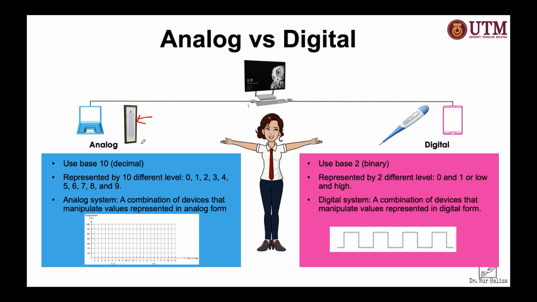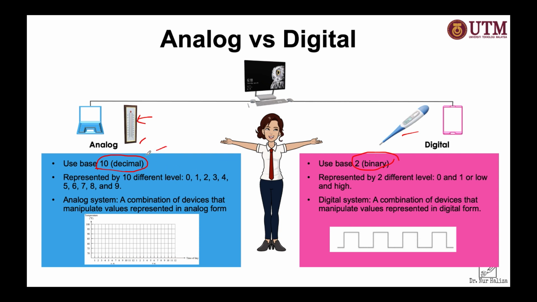Here we have the thermometer, this one is analog and this is digital. You can have the same type of device, which you need to measure the temperature, but there are two types, analog and digital. Basically analog is base 10, which is decimal, while digital is base 2, or we call it binary.